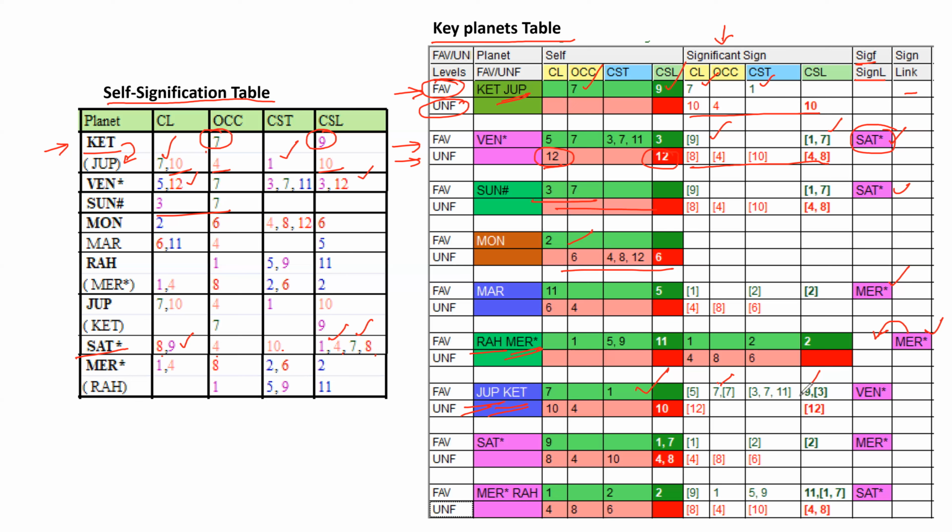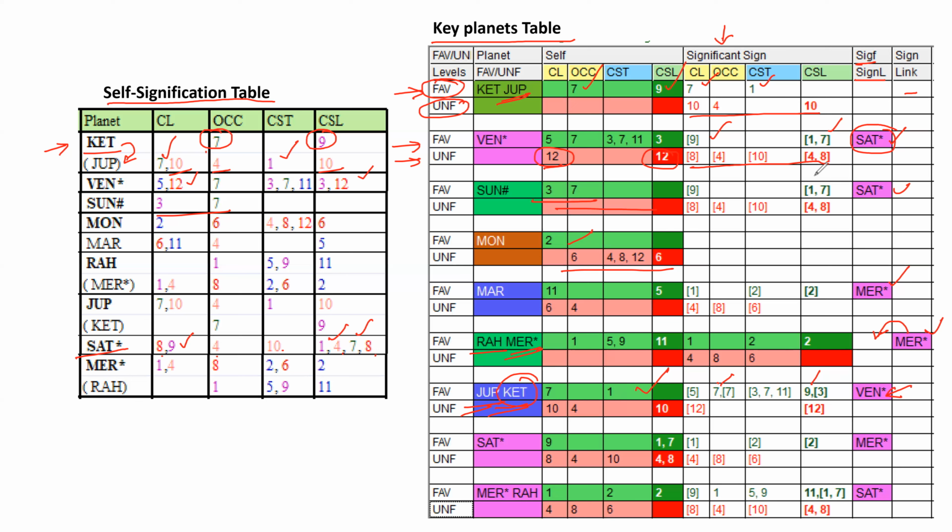These houses are signifying the houses of Ketu, which means the second planet of Jupiter. What are these houses within bracket? These within-bracket houses are signified by Venus, which is the significant sign lord. It means Jupiter's Rasi Lord is Venus. That Venus is the significant sign lord to Jupiter. So those houses are shown within bracket.